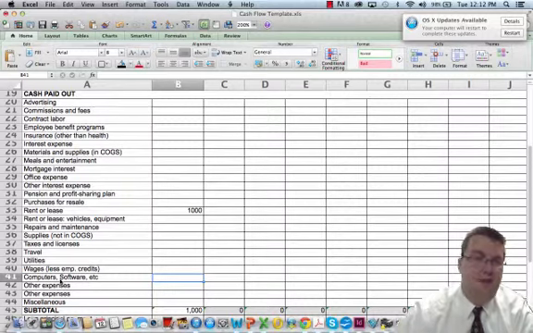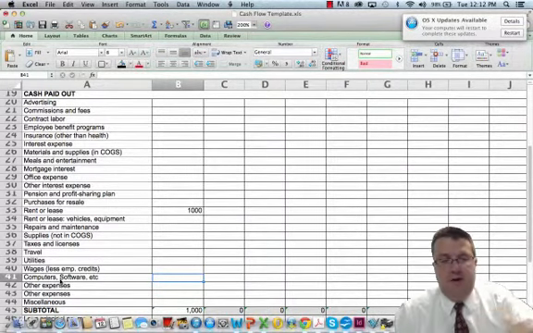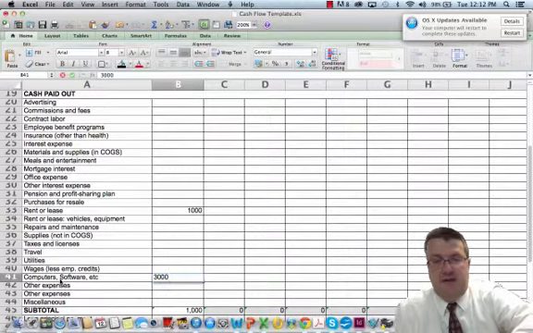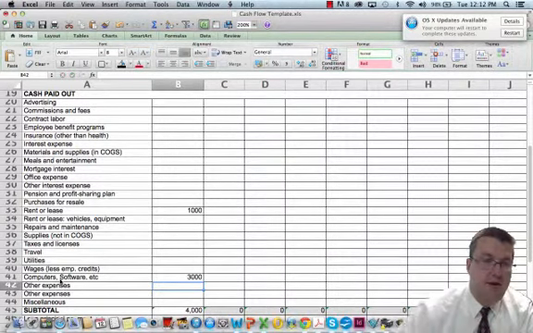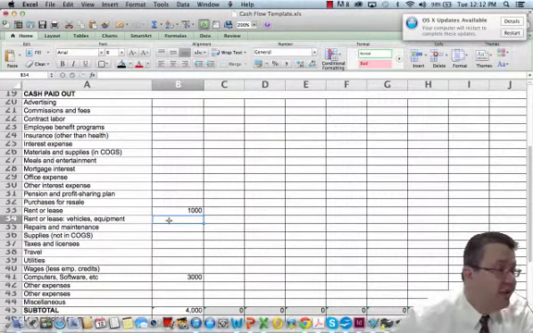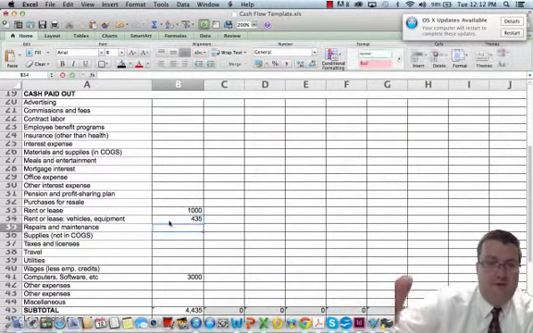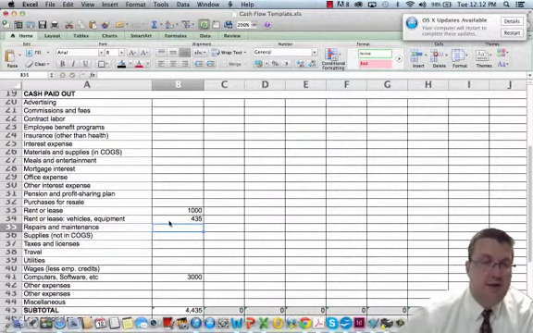computer software, etc. I'm going to buy a laptop computer, a printer with some software, and I might say that's going to be $3,000. If I'm traveling for my business, I might say my car payment of $435 a month is in there.